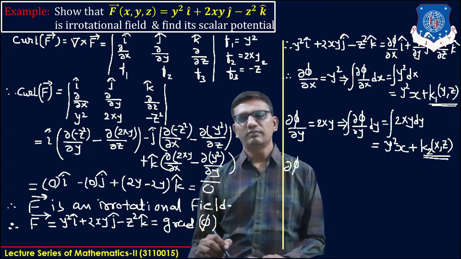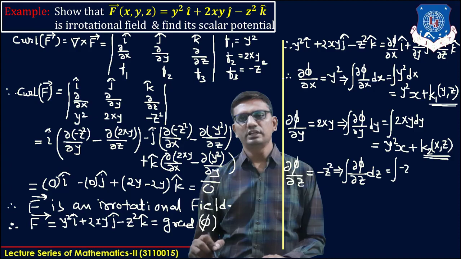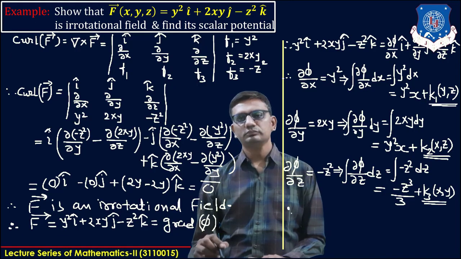And now del phi by del z equals minus z square. So integration of del phi by del z with respect to z equals integration of minus z square dz. After integrating, we get minus z cube by 3 plus an arbitrary constant function k3 of x and y.